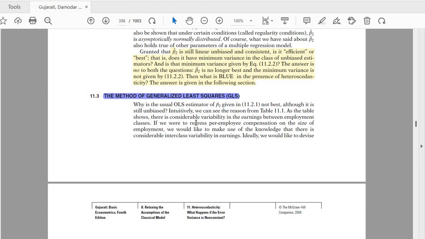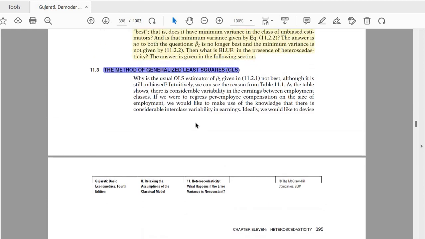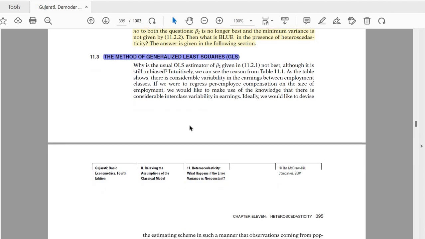Now what is GLS? GLS is basically applying OLS on a transformed model. Now what is transformation of the model and how do we transform it? Well, we will transform a model in such a way that the new model will contain the variance of ui as homoscedastic.